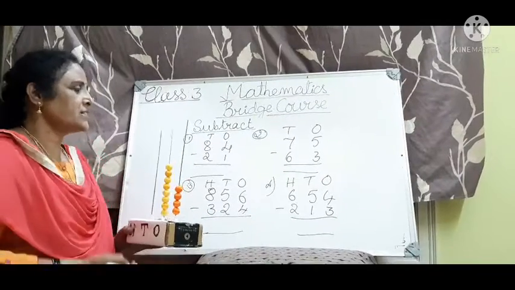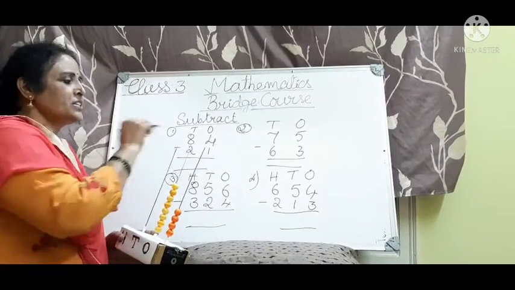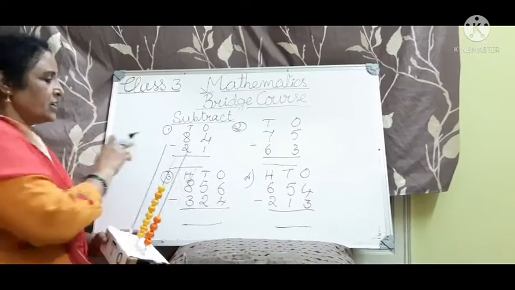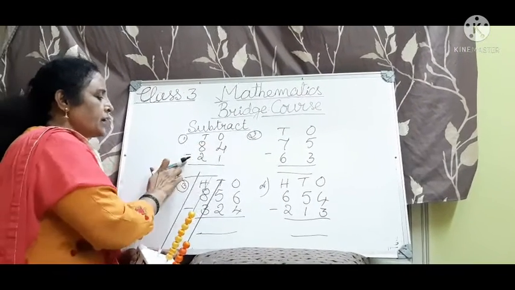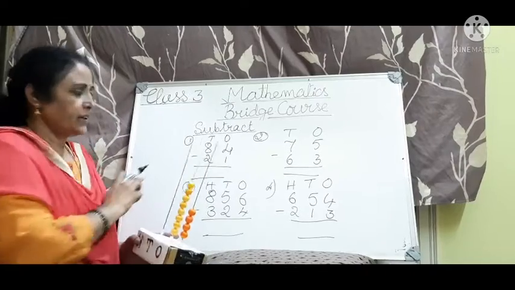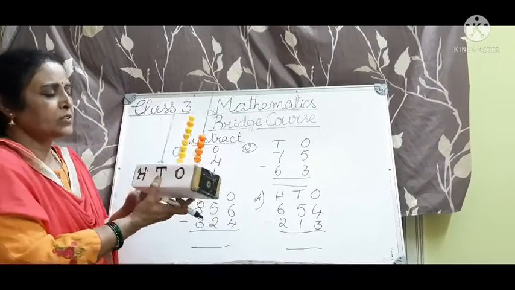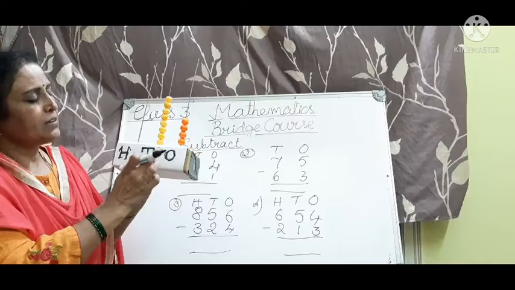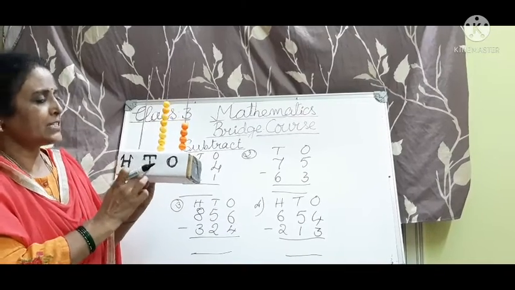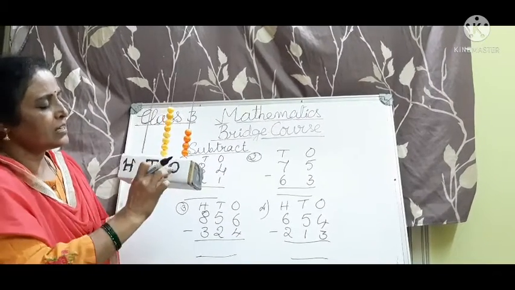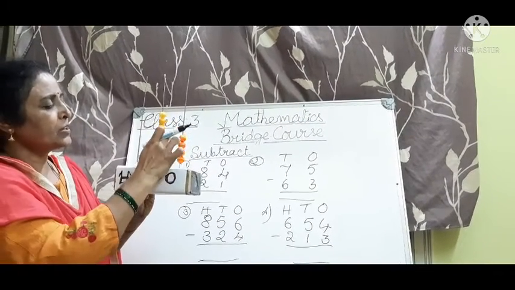Now we practice the subtraction of 2-digit and 3-digit numbers, children. Here 84 minus 21. You know about abacus, no? Here see, ones place, tens place. How much is here in ones place? 1, 2, 3, 4.